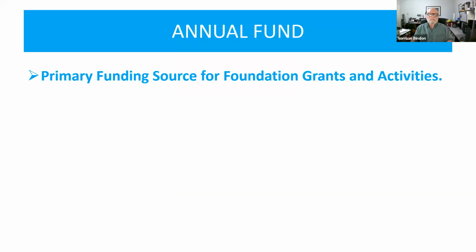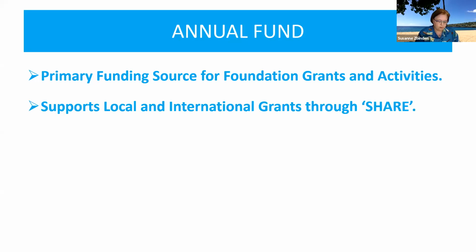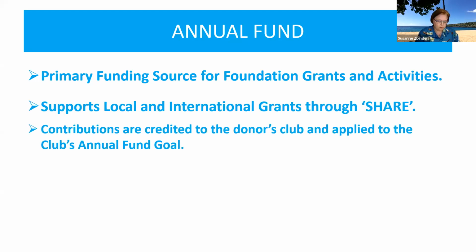All right. Well, back to the annual fund. So basically, it is the primary funding source for all the grants and activities. The annual fund supports local and international grants through the SHARE program, like we just heard.